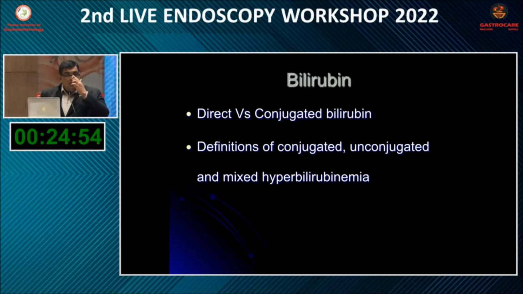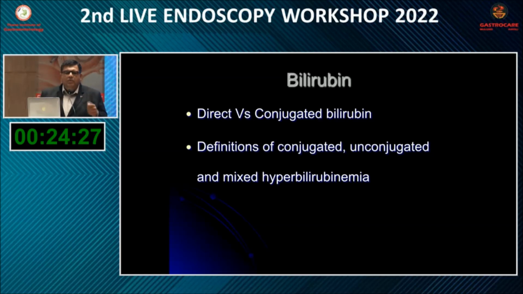So the first thing we have to understand is direct and conjugated doesn't mean the same. Total bilirubin is total. You have to stop calling it direct bilirubin now. If you remember your first MBBS, we used to do that Van den Bergh reaction in biochemistry, which used to look at the solubility of the bilirubin.